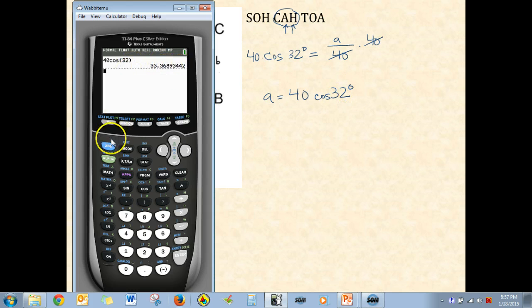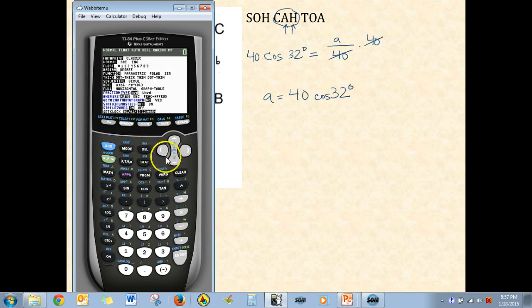What I need to do is click mode, and then go down to where it says radians and switch that over to degrees. So I'm going to use these arrows, down, down. Switch it over to degrees and hit enter. So now degrees is selected. I can do second and then quit. And now if you look up here it says degree.